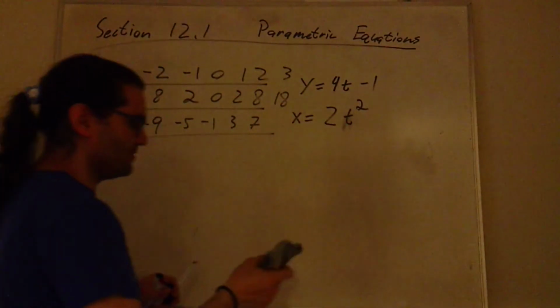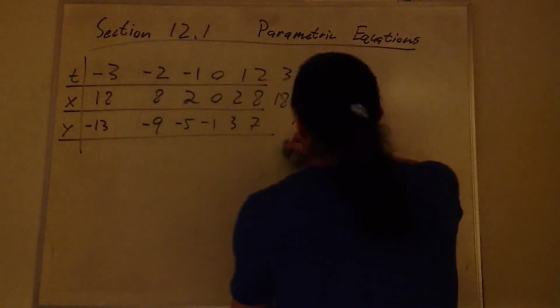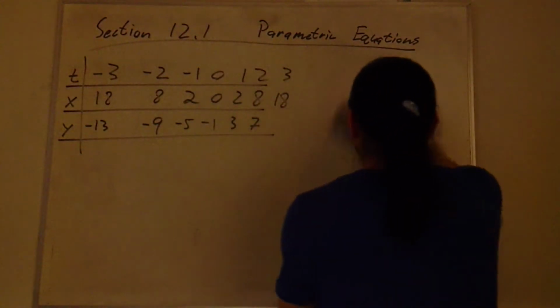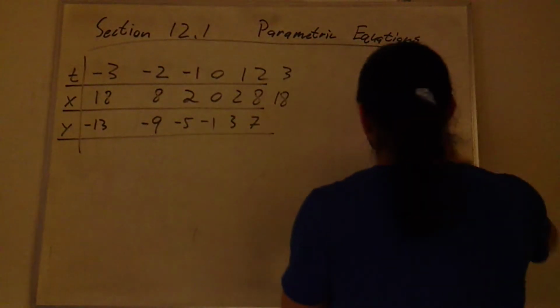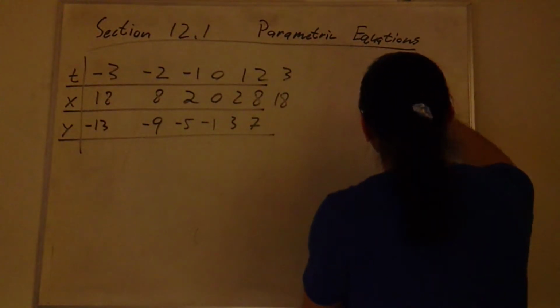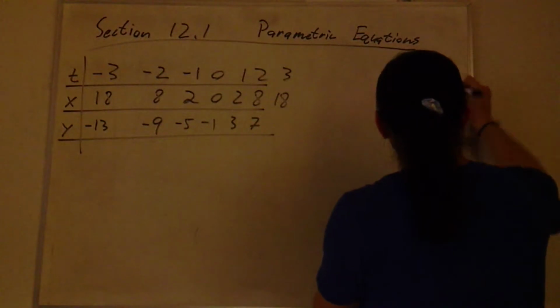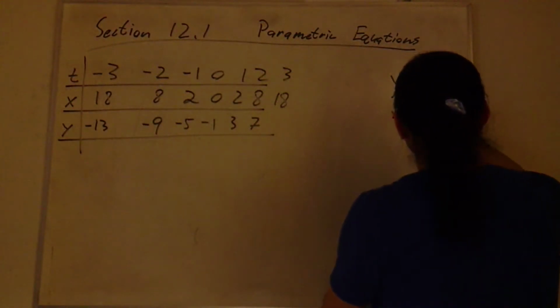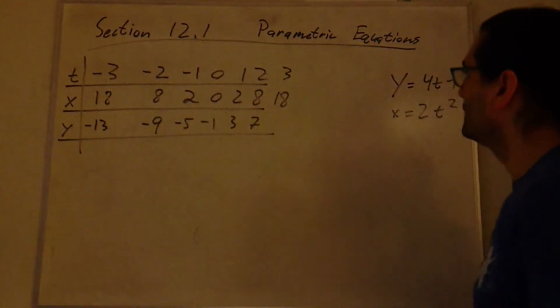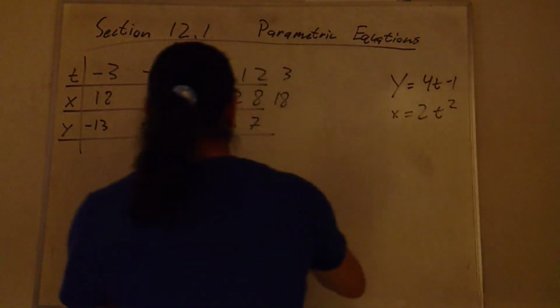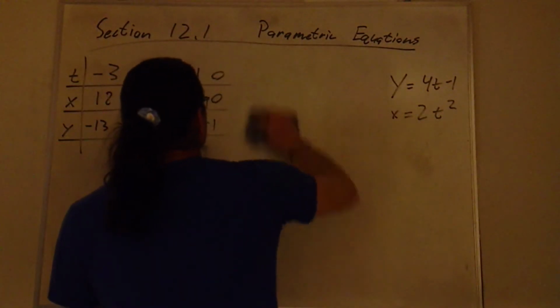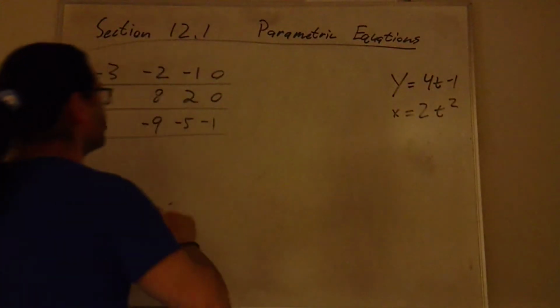Sorry, I wish I had a bigger whiteboard. Let's slide this over a little bit. Y equals 4t minus 1, x equals 2t squared. Now I can spread this out. Make it not so cramped.